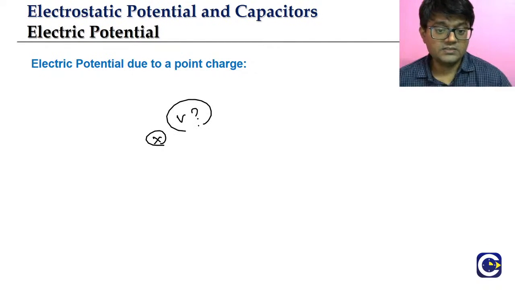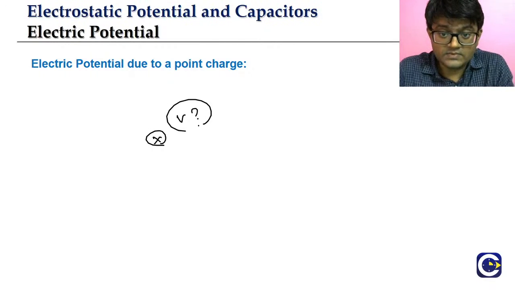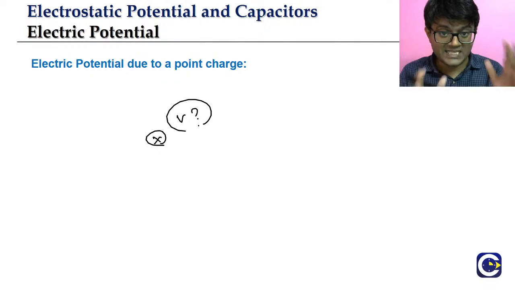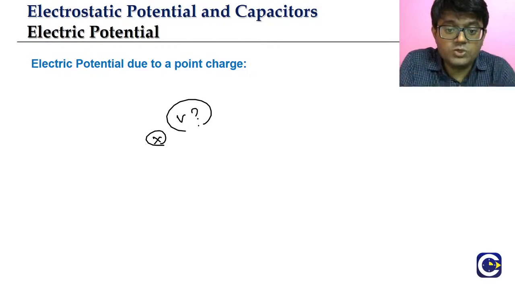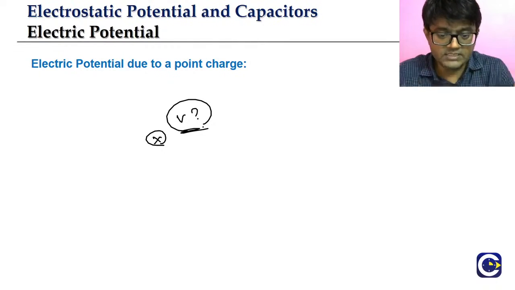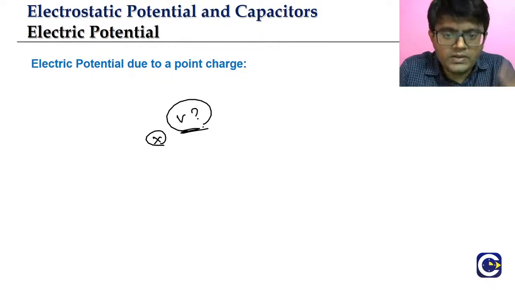Just like the electric field is created by electric charges, the surrounding charges will produce the electric field. Similarly, whatever the surrounding charges are, they will produce this electric potential function. How will we try to understand it?